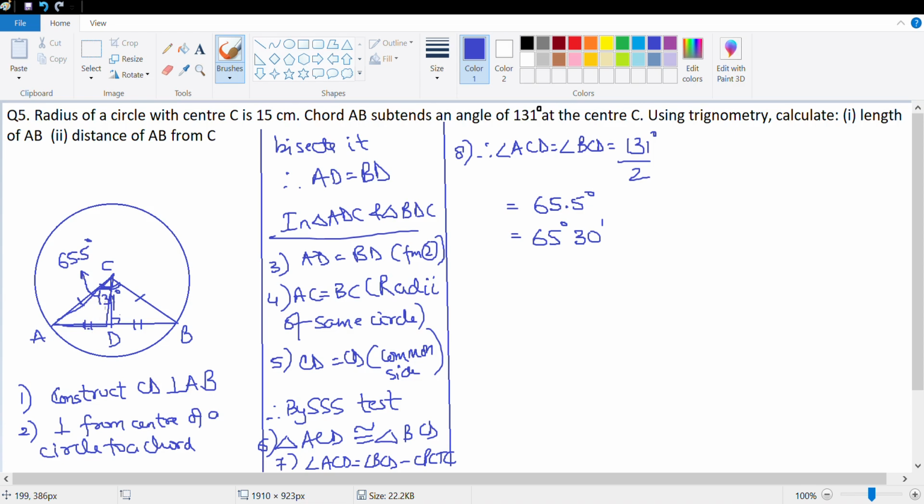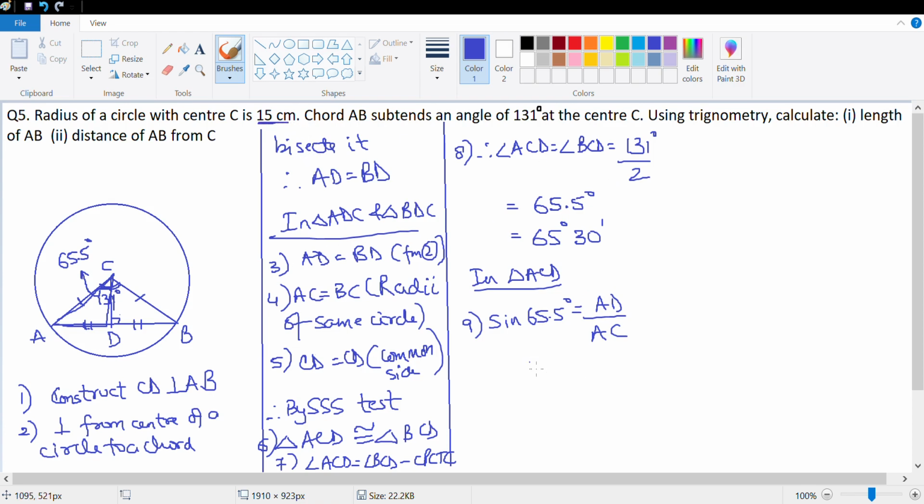I need to find, for this reference angle, this is opposite or the perpendicular. So in triangle ACD, number 9 would be sine 65.5 degree would be equal to AD upon AC. AC is the radius, which is given equal to 15 centimeter.